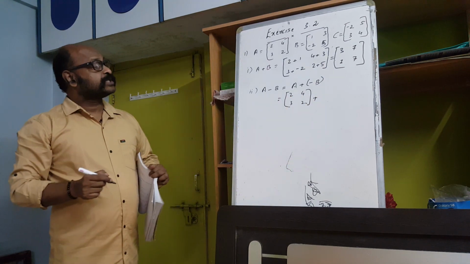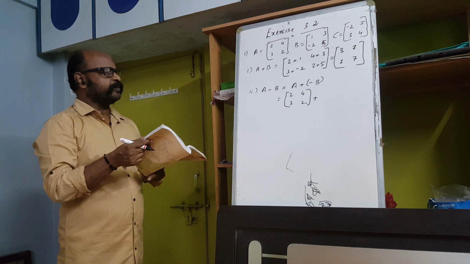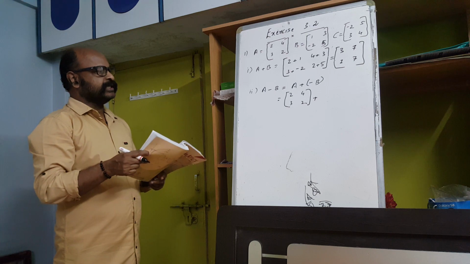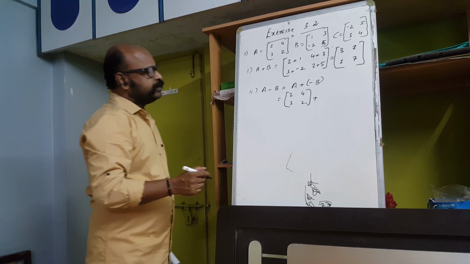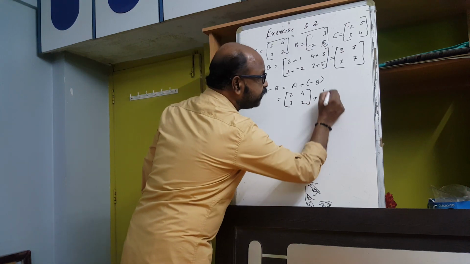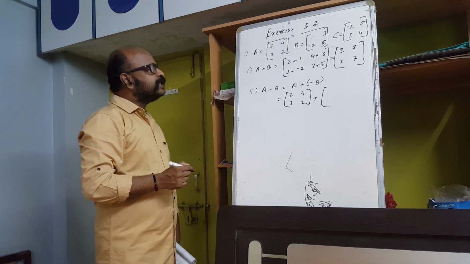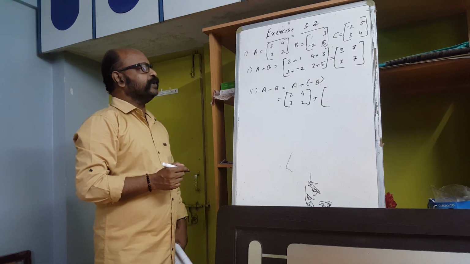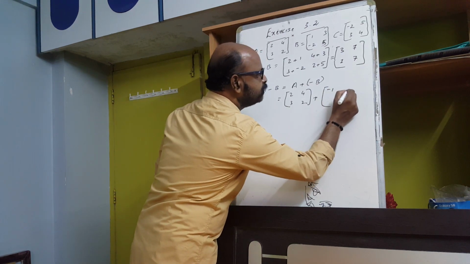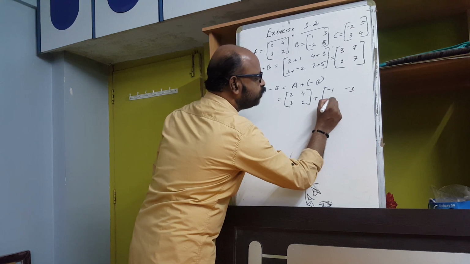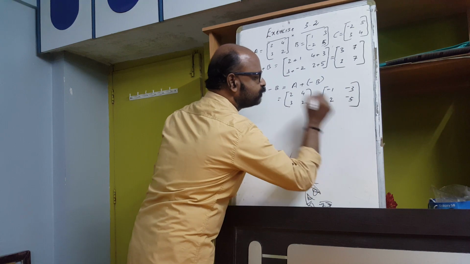Then there comes the matrix minus B. Minus B means negative of the matrix B that we have discussed in the scalar multiplication of a matrix. So what have we done? Multiplying all the elements of B by minus 1, or simply replacing the elements of B by the negative numbers. So first element 1 becomes minus 1, 3 becomes minus 3, minus 2 becomes 2, and 5 becomes minus 5.